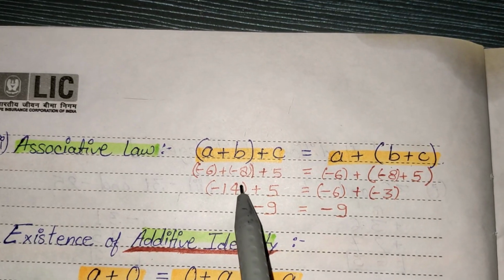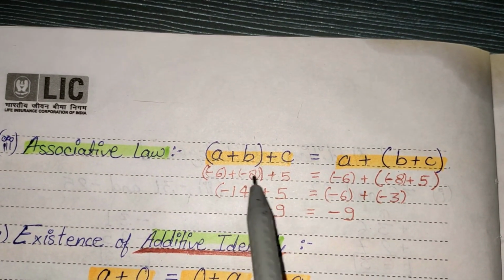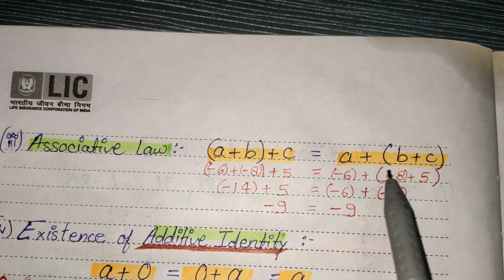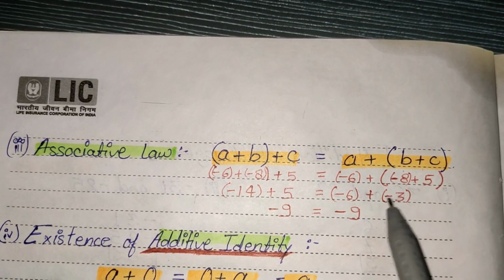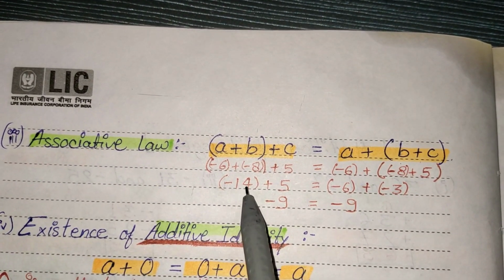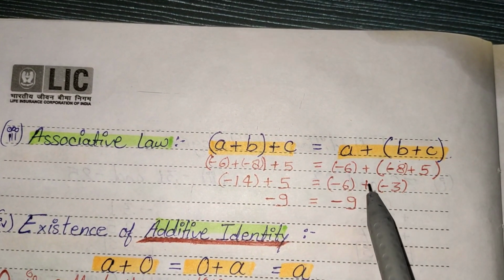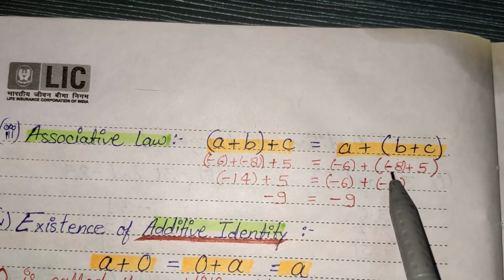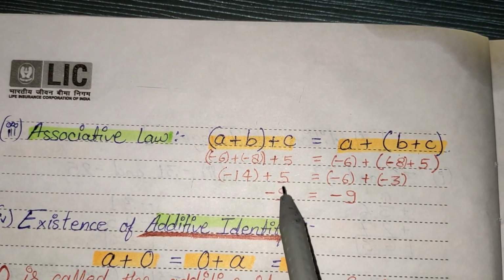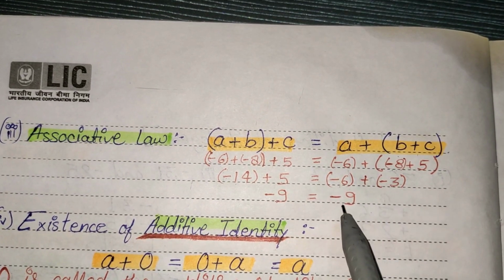Now let's see with integers: minus 6 plus minus 8, plus 5, and minus 6 plus, in the bracket, minus 8 plus 5. First we add these two integers, we will get minus 14 plus 5, which is minus 9. In the other, minus 8 plus 5 gives minus 3, and minus 6 plus minus 3 gives minus 9.